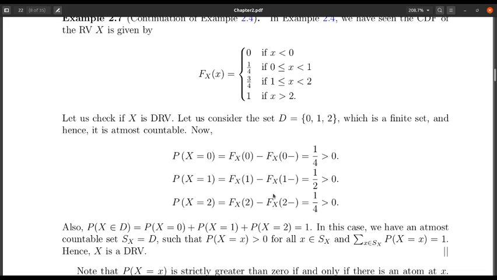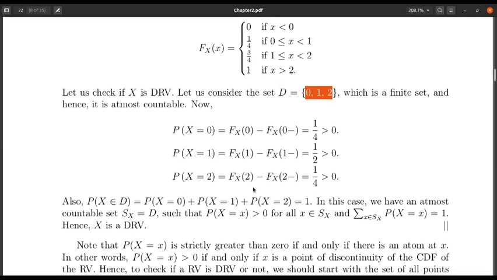So that means this random variable satisfies all the properties of a discrete random variable. So this X is a discrete random variable where the support is the set {0, 1, 2}.